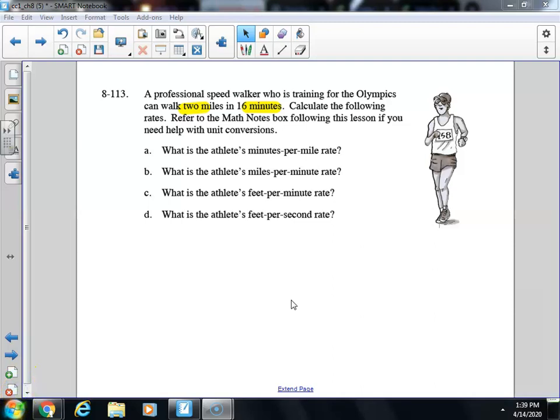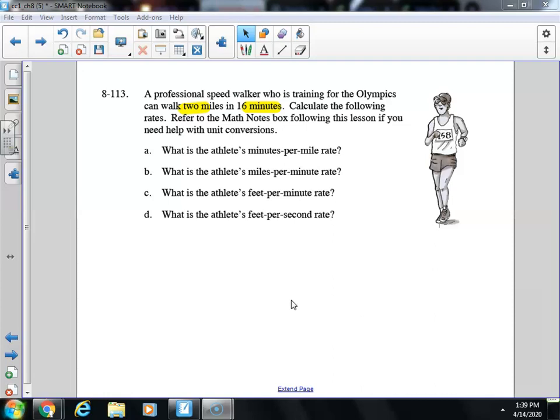All right, so we're going to go ahead and use what we know from A and B to answer C and D. So in letter C, we are asking, how many feet can we go in 1 minute? All right. So using letter A over here, I know that in 8 minutes I can go 1 mile. So where it's minutes, I'm going to go ahead and put 8 minutes. And I know that 1 mile is a certain number of feet. So I'm just going to go ahead and change 1 mile into feet.